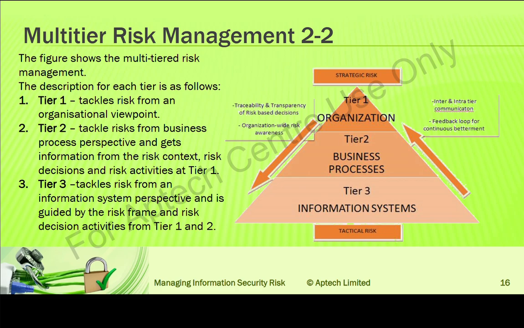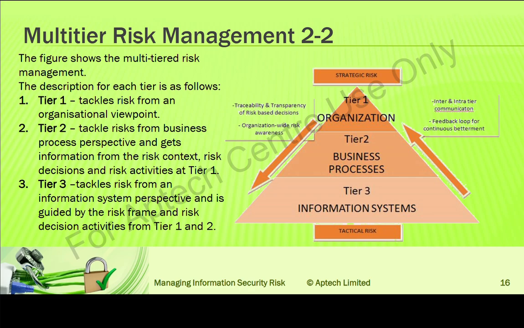Tier one tackles risk from an organization viewpoint: how the organization tackles this risk. Tier two tackles risk from a business process perspective and gets information from the risk context, risk decisions, and risk activities.